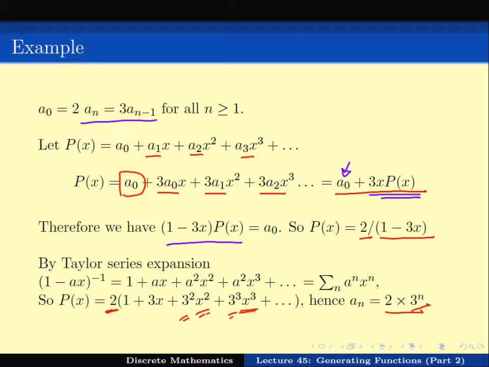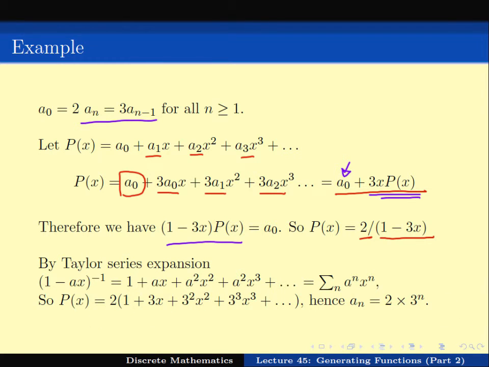So we have used an abstract form known as generating functions for first writing a polynomial, then trying to use the recurrence to get an equation for the polynomial, and then writing the polynomial using some Taylor series expansion, which helps us to identify the nth coefficient, which is my desired thing.